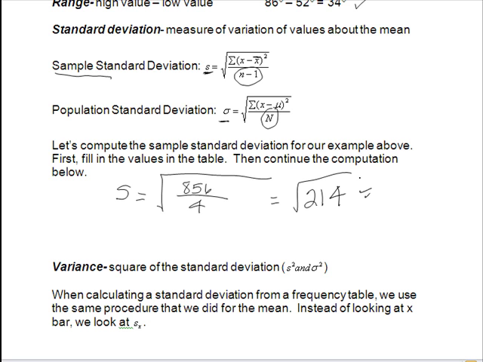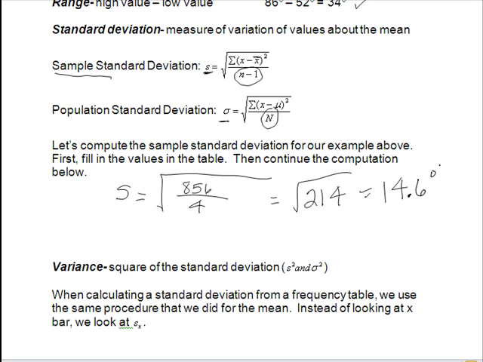So 14.6 degrees. What that's telling us is the average difference between the value of the mean and the x values is 14.6 degrees. So it tells us how they vary among themselves. Now the variance is s squared or sigma squared.